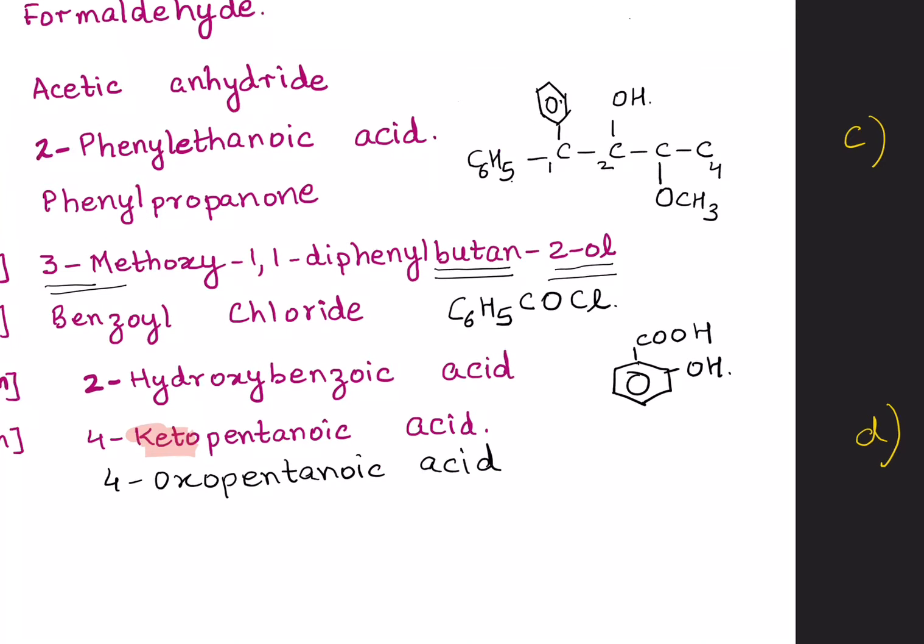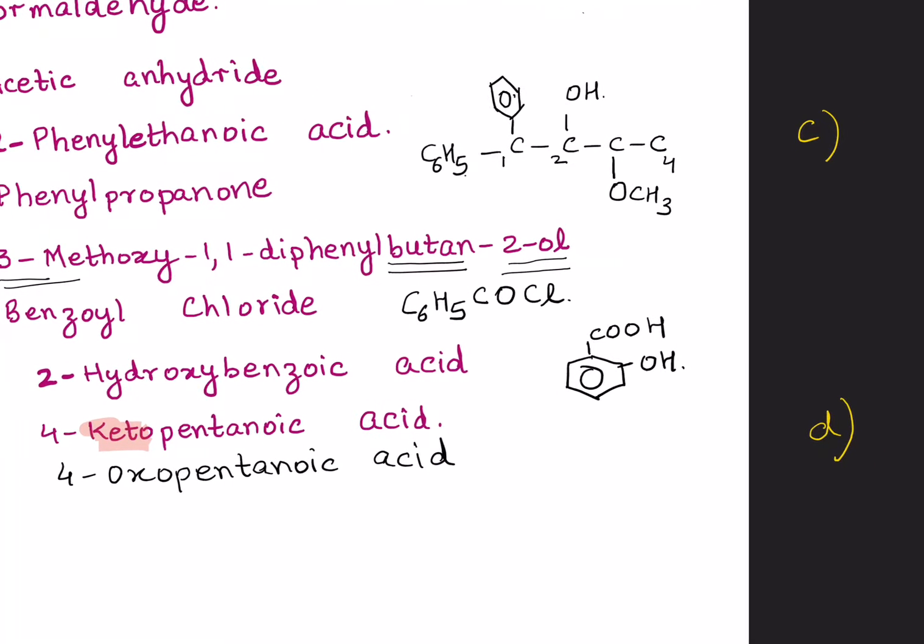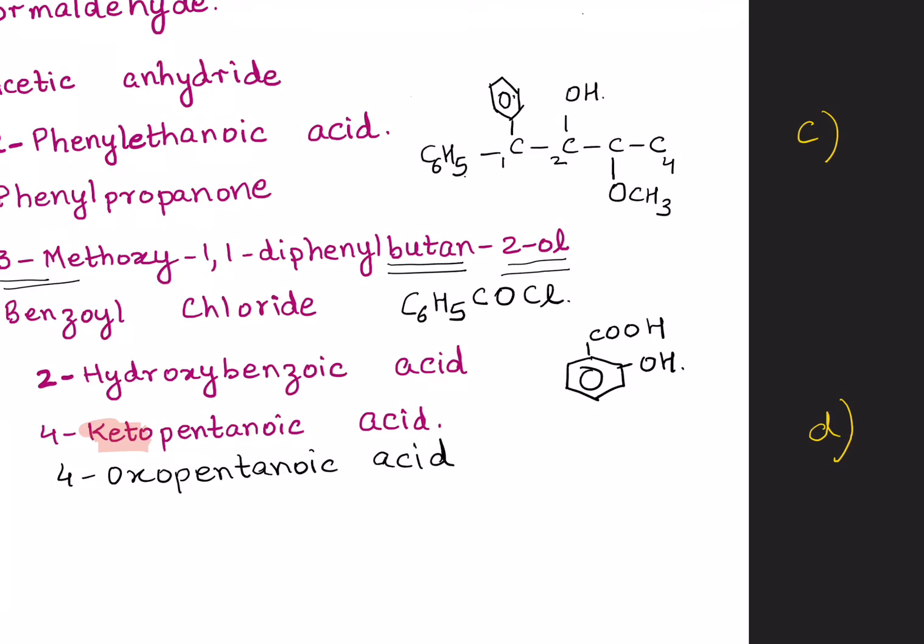Go ahead. Even keto wasn't wrong according to the older system. You will find the word keto at a number of places, but oxo is recommended by the recent regulations of IUPAC. So we have over here 1, 2, 3, 4, 5 gives us 5 carbon atoms in the main chain. Oic acid, COOH. By the way, if you have written this COOH on the right hand side, even then it is okay.